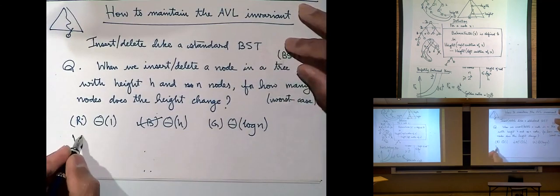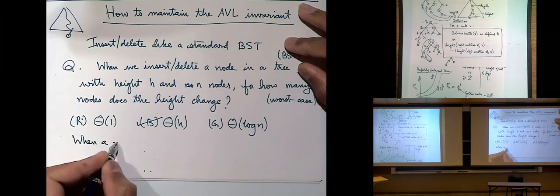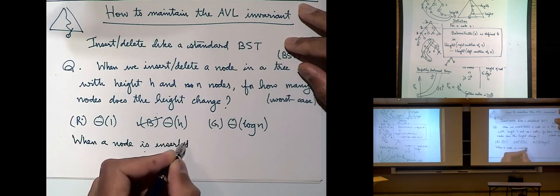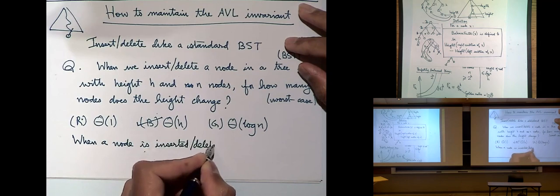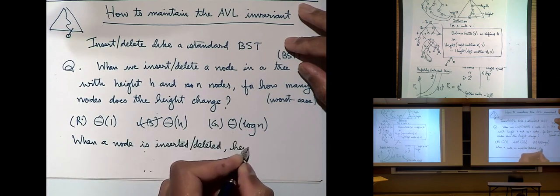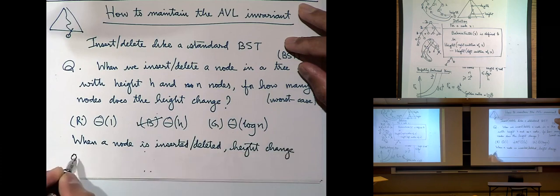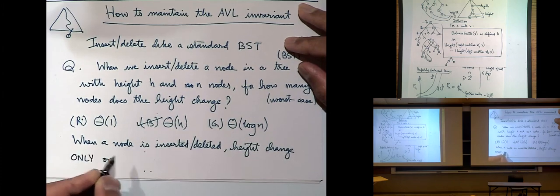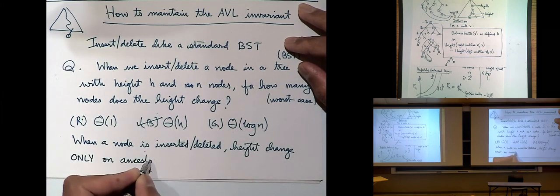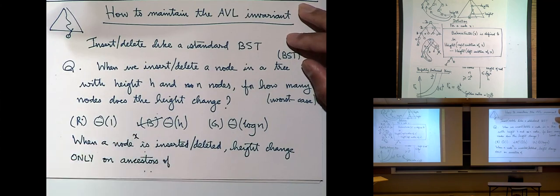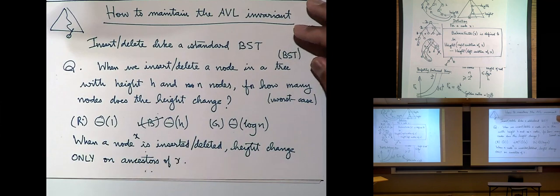So when a node is inserted or deleted, heights change only on the ancestors of, well, I'll say a node X is inserted, ancestors of X. Right?